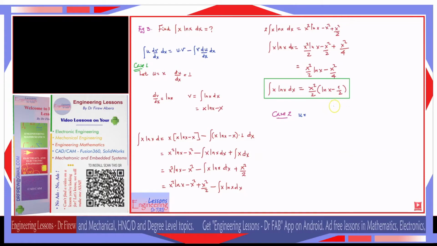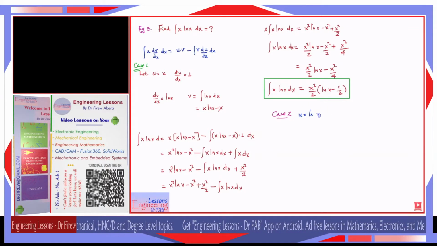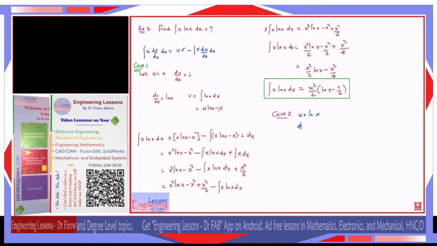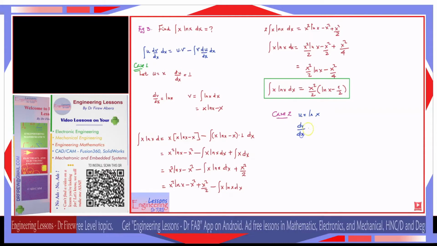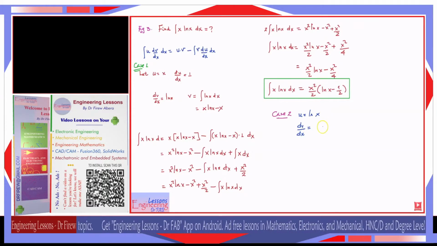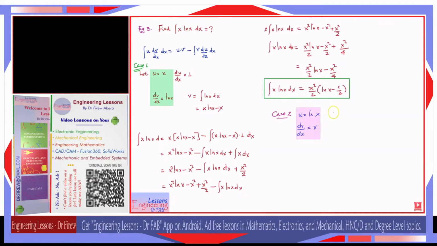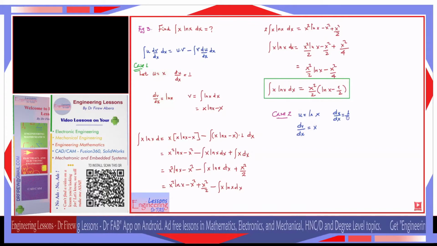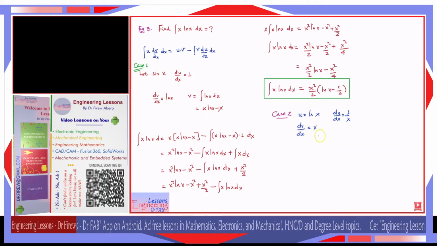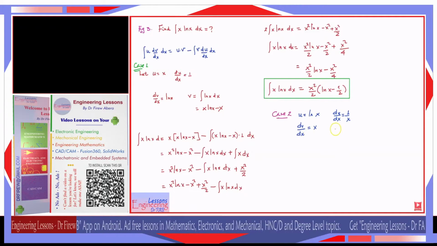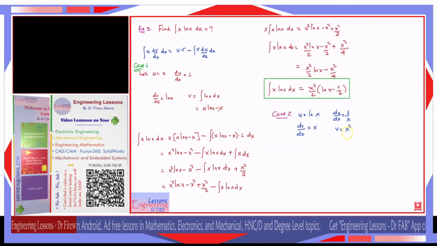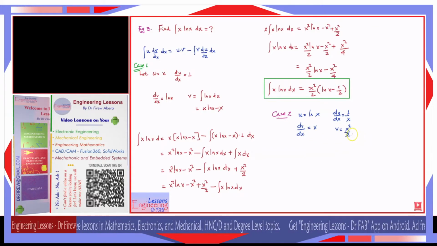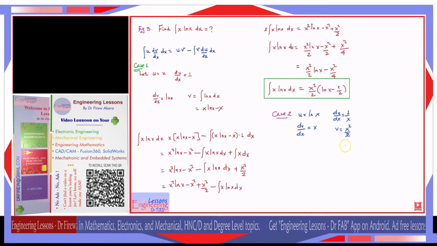So u to be ln x and dv by dx to be x. So this time du by dx is 1 over x, and from this v should be x squared over 2.